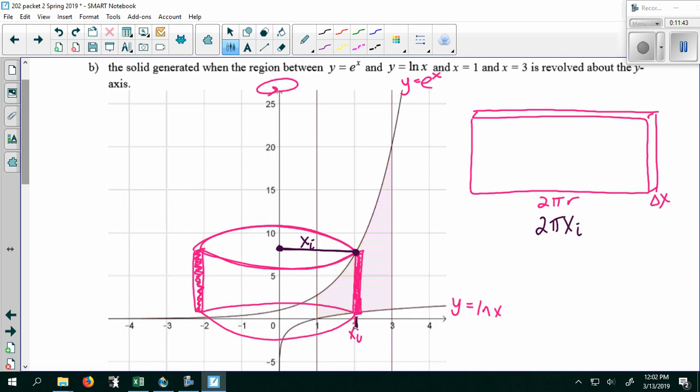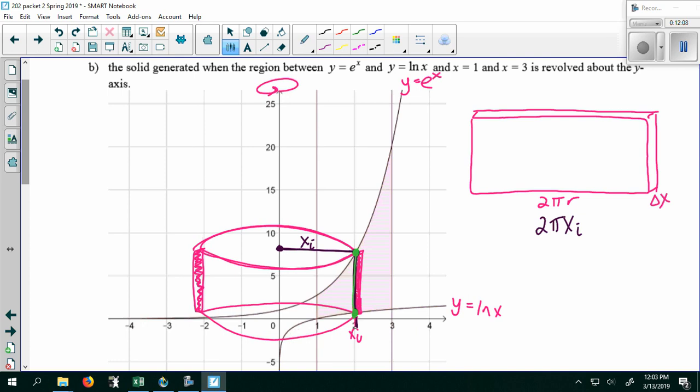My vertical height of the cylinder and of the unrolled cylinder, that's a rectangular box, is this distance, highlighted in a different color, from this point to this point. It's the height of my rectangle, which I can calculate by doing the larger y value minus the smaller y value.